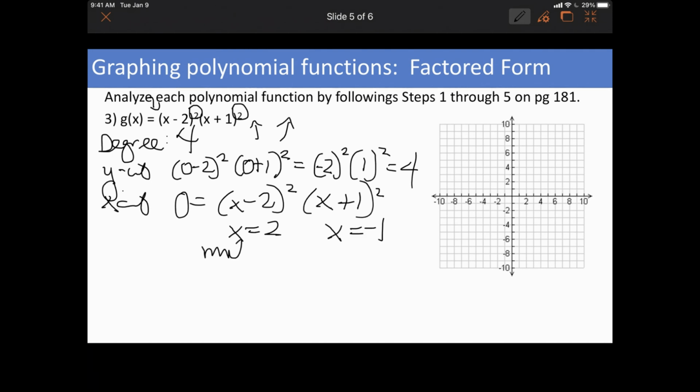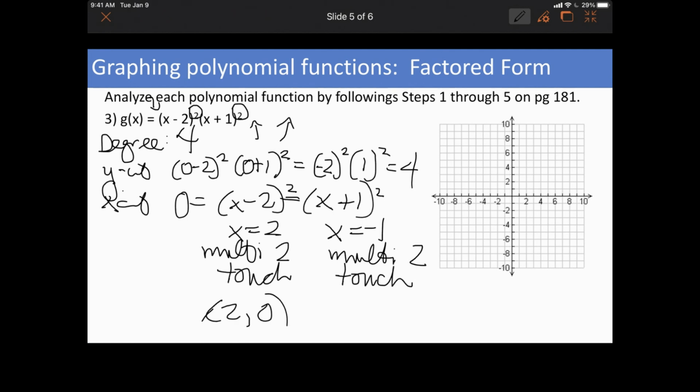It's a multiplicity of, what's the exponent? 2. This one is also a multiplicity of 2. So, cross or touch? Touch. Bouncy, bouncy. So my x-intercepts are 2, 0, and -1, 0. My turning point, 3.